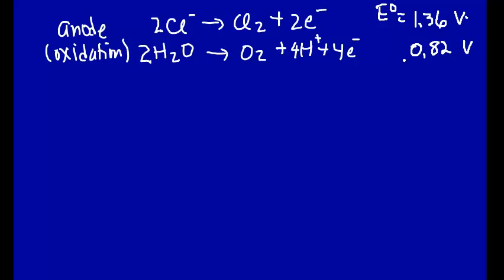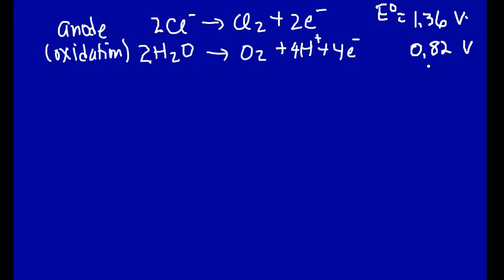All right, so let's take a look here. This looks like it preferentially will be reduced because it has a higher reduction potential. This is not as easily reduced because it has a lower reduction potential. However, when you talk about oxidation, you have to switch your logic.